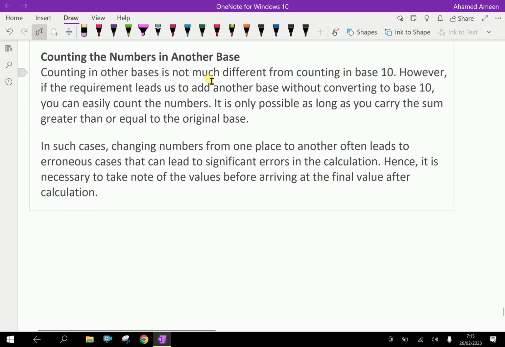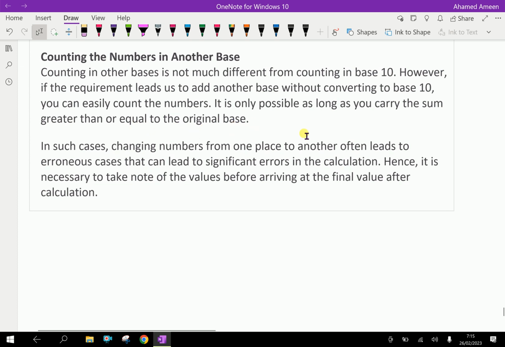Counting numbers in another base. Counting in other bases is not much different from counting in base 10. However, if the requirement leads us to add numbers in another base without converting to base 10, you can easily count, as long as you carry the sum when it is greater than or equal to the base.